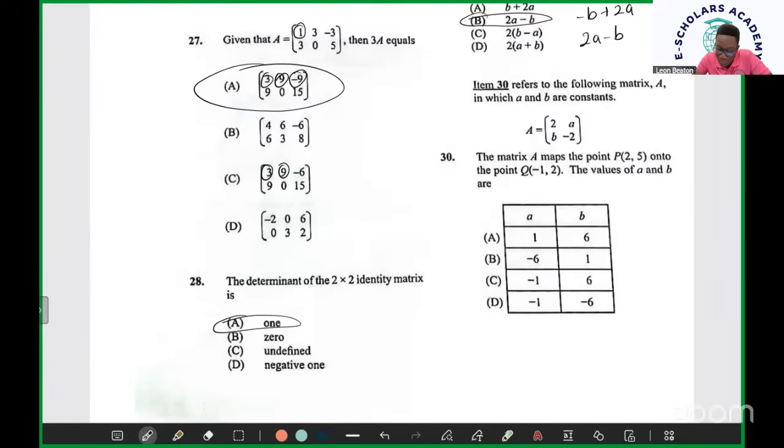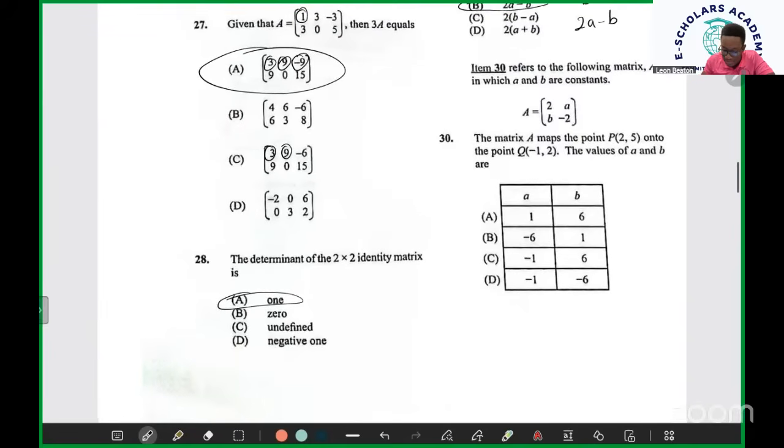So item 30 refers to the following matrix. A and B are constants. The matrix maps point P onto this here. The values of A and B are... So let me see. When you map a matrix, you normally do multiplication.